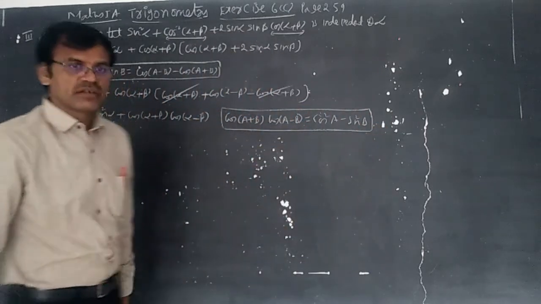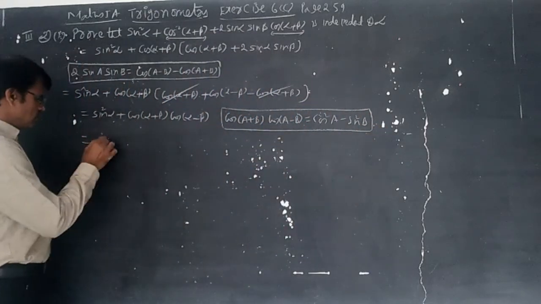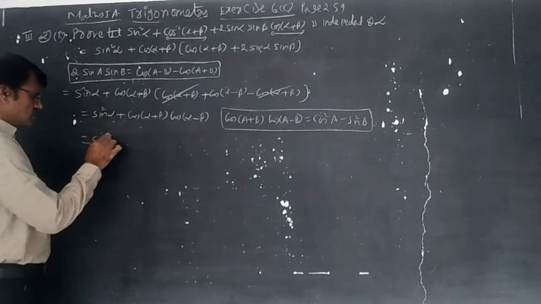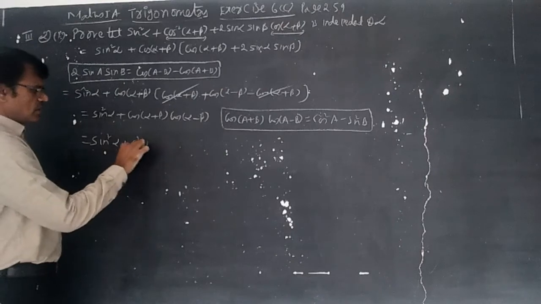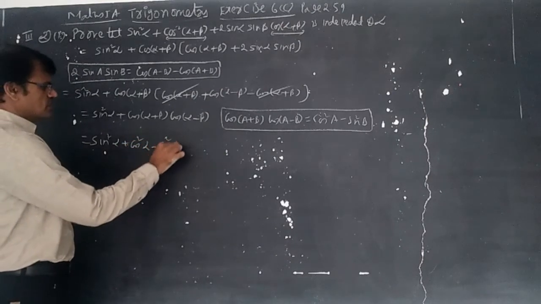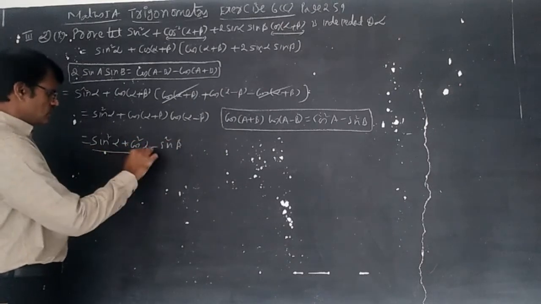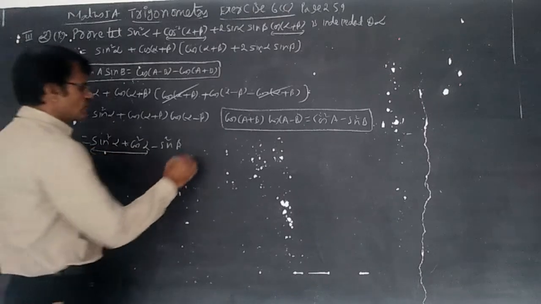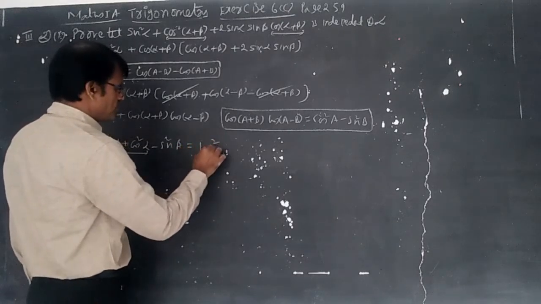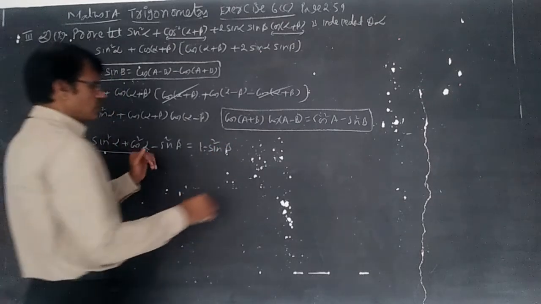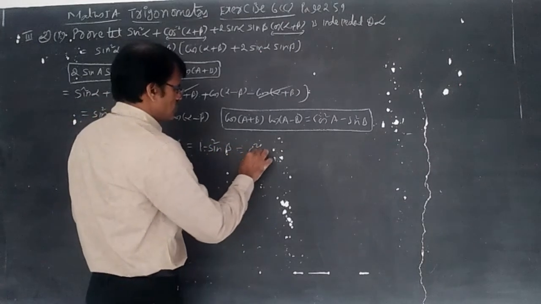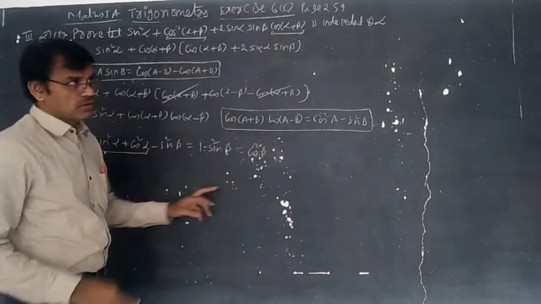That is equal to, here, sin square alpha plus cos square alpha minus sin square beta. Using the identity sin square alpha plus cos square alpha becomes 1, so it is 1 minus sin square beta, which becomes simply cos square beta.